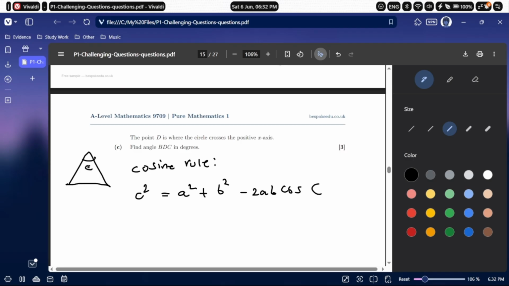The side opposite to the capital C angle would be lowercase c, and then the other two sides are a and b. It doesn't matter which one.